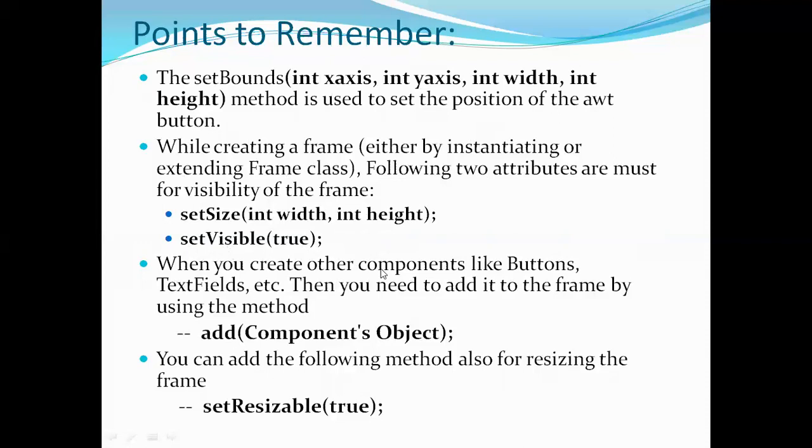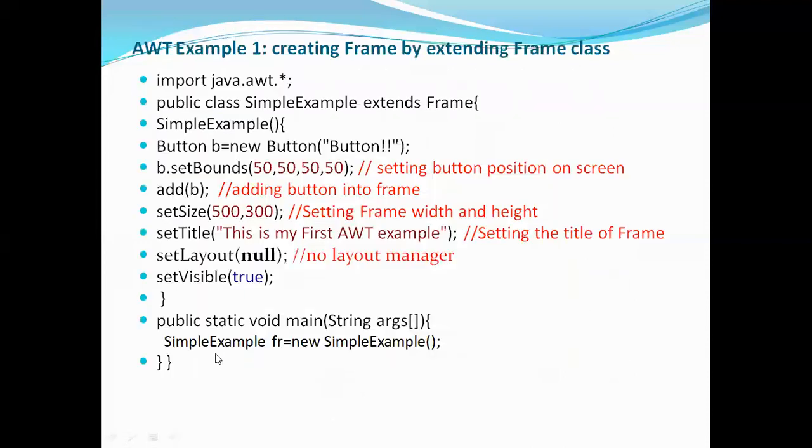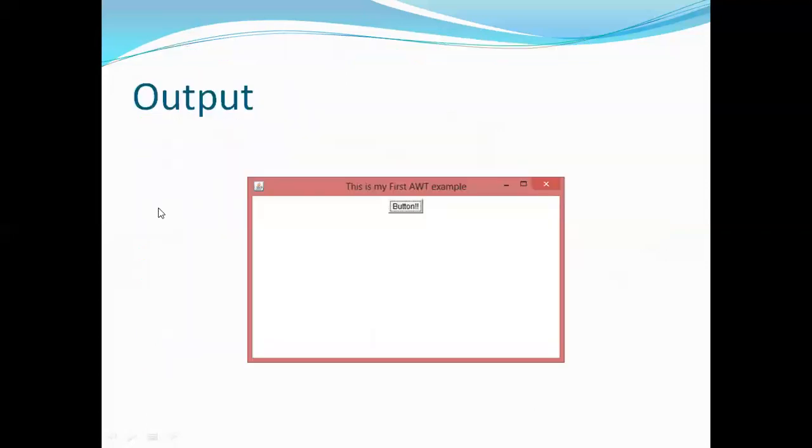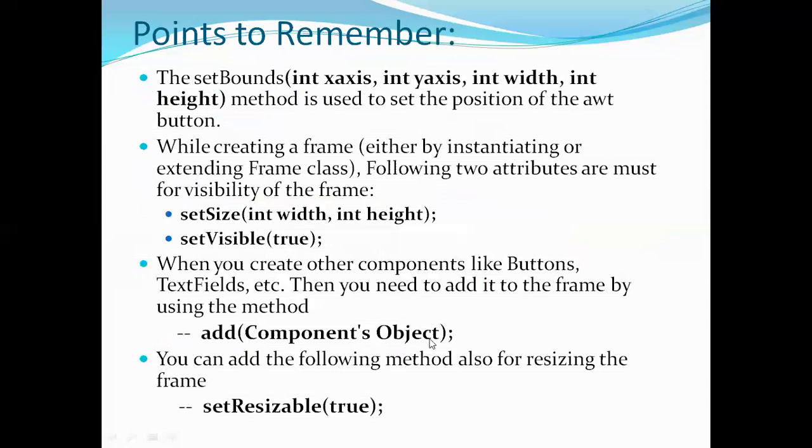And next thing is, any component that you are creating should be added to the frame. In the previous example, the button component was created using its object, and then it was added to the frame using the method called add. If you're creating a button, the button should be added. If you're creating a label, it should be added likewise, using the method add with the component's object.